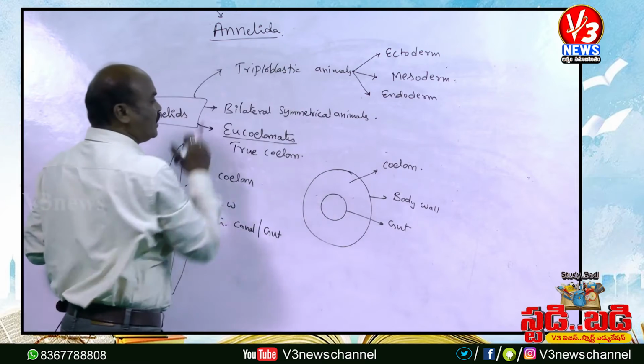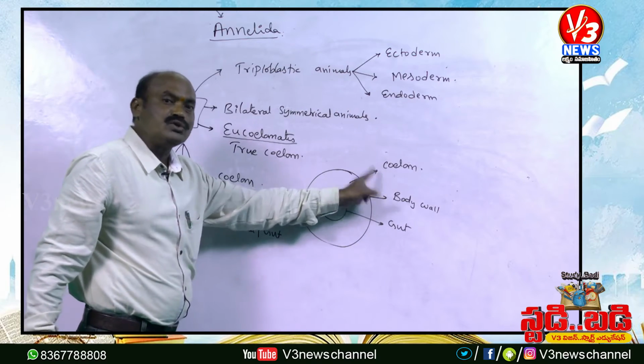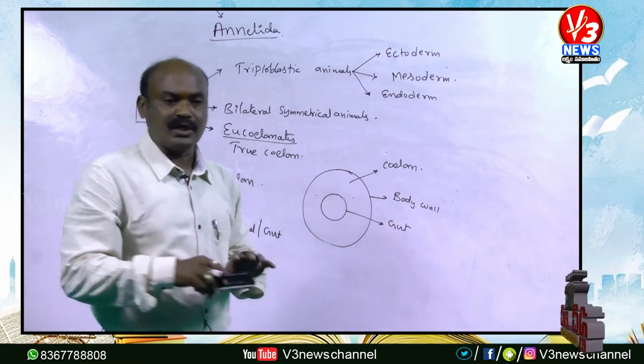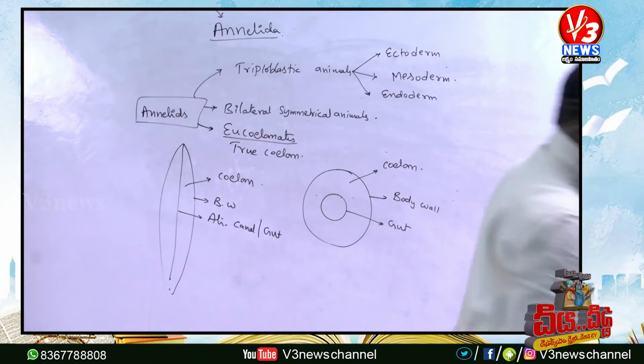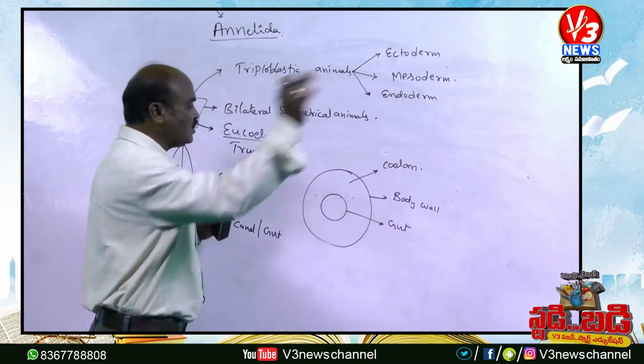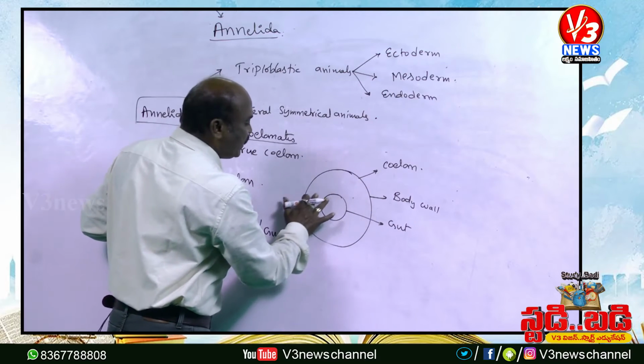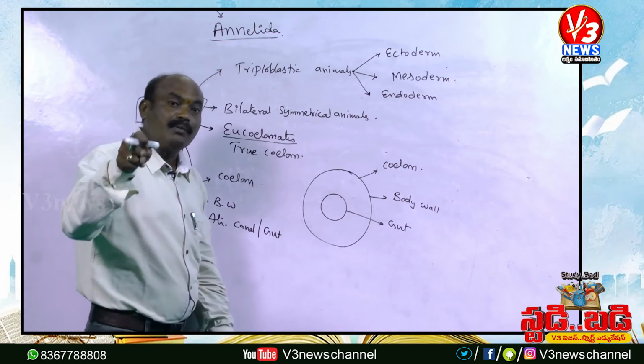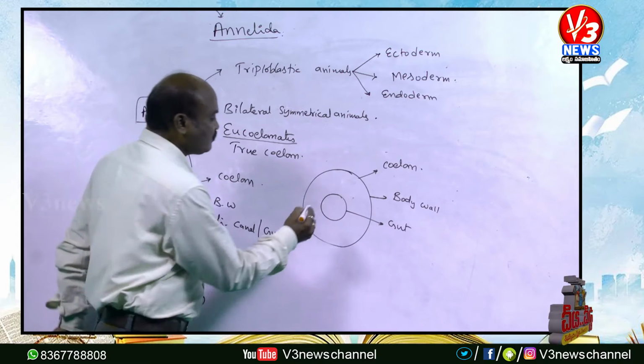So in annelids, the coelom is a true coelom. Why is it a true coelom? True coelom means the coelom is lined by double layered peritoneum.